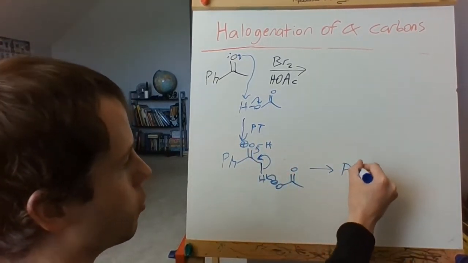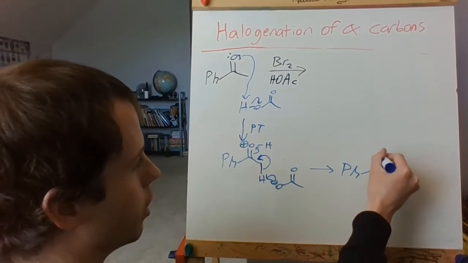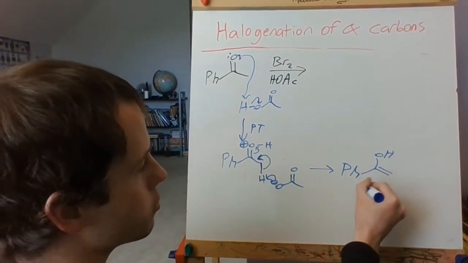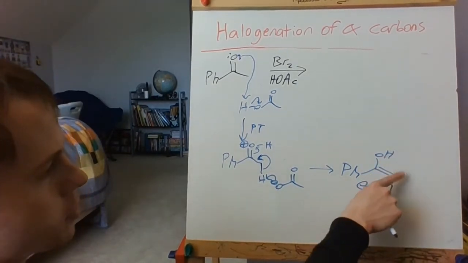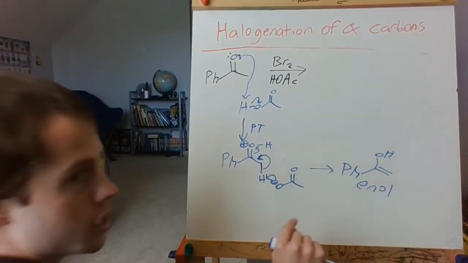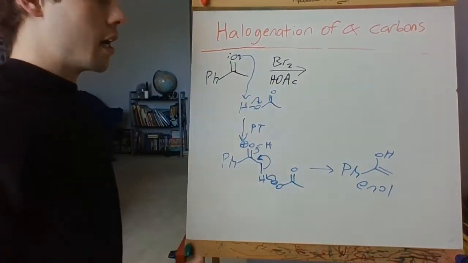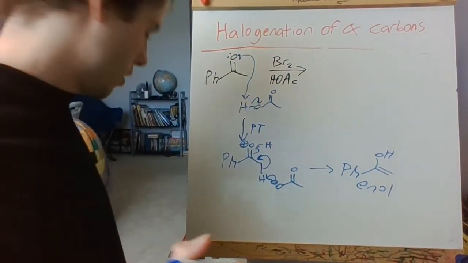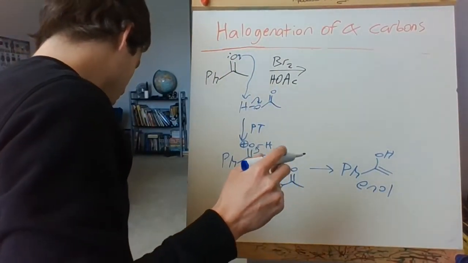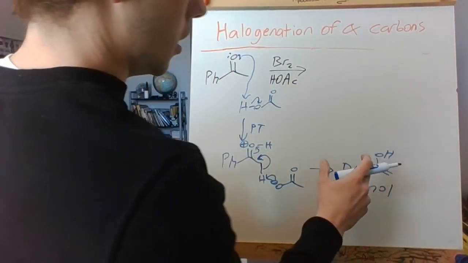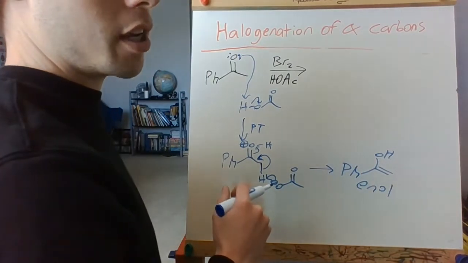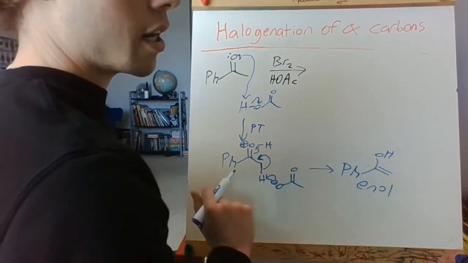This is going to get us to our enol. Remember that this is called an enol because this is an alcohol and this is an alkene. Enols act very similarly to enolates.